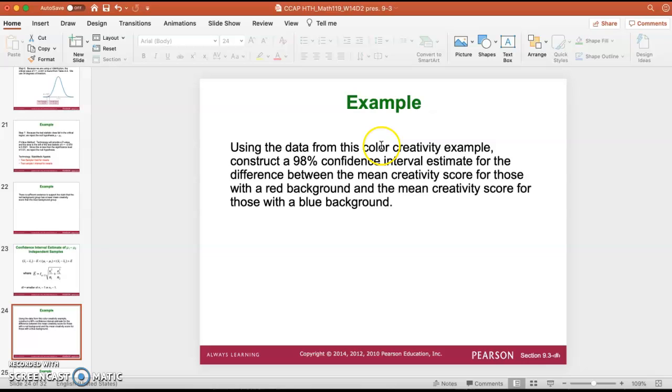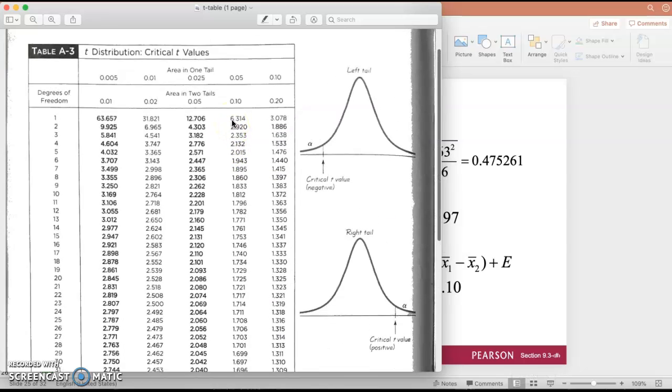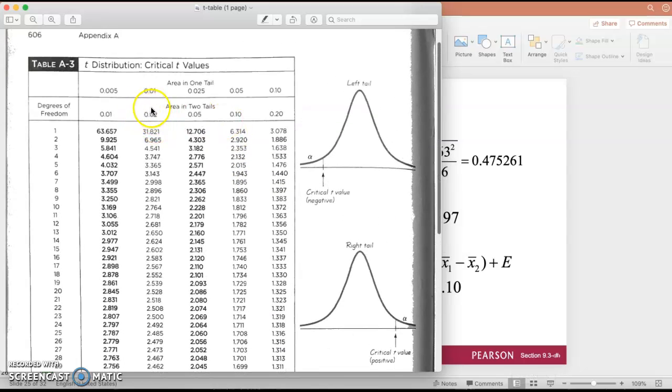Now if we're asked to go ahead and find a 98% confidence interval estimate for the difference in mean creativity score between those with the red background and blue background, we just plug everything in here. Since we're using a 98% confidence interval, that means on the t-table that the area in 2 tails is 0.02.